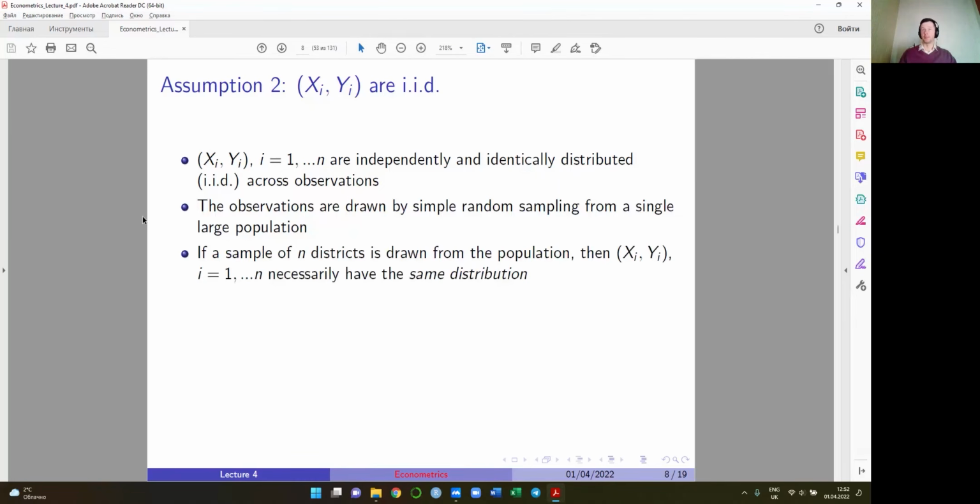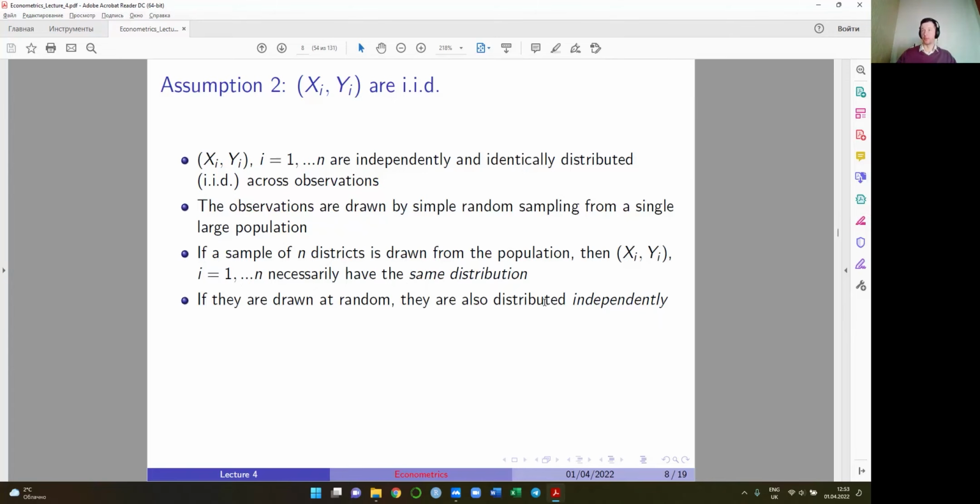Well, what does this mean, identically distributed? It means that if you, for example, collect a sample of n districts from the population, then these pairs are going to be distributed identically. So it means that their distribution is the same. And if you do this randomly, if one particular observation doesn't depend on another particular observation, then they are distributed independently.